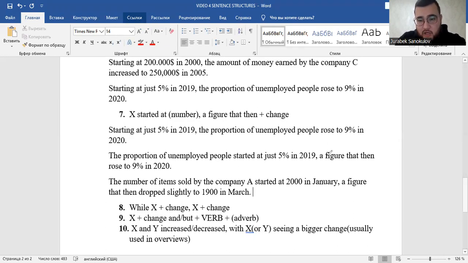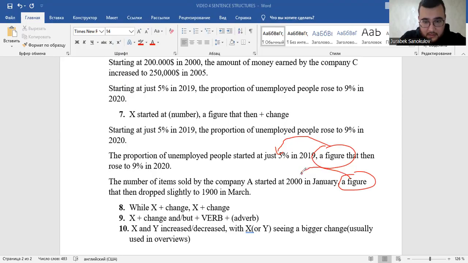So basically we are saying a figure, a figure. This basically refers to this, it's like saying this. The proportion of unemployed people started at 5% in 2019, and this figure then rose to 9% in 2020.